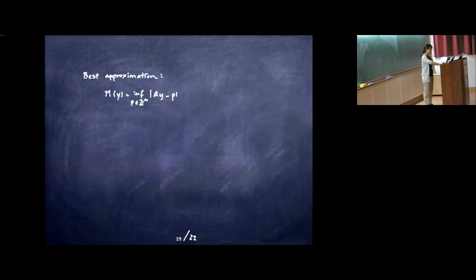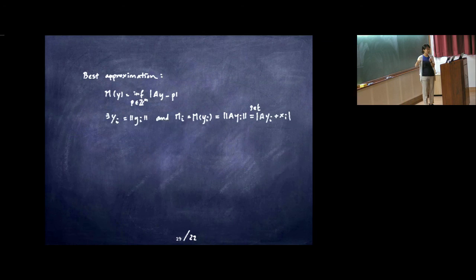Okay, so let me tell you a little bit more about best approximation. We're looking at the infimum of Ay minus p for p an integral vector. So there is a sequence of yi, the norm of yi, which is capital Yi, and the distance of Ayi to the integral vectors, which we call mi.